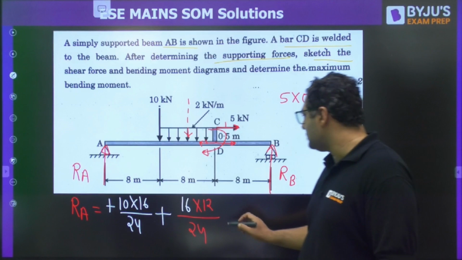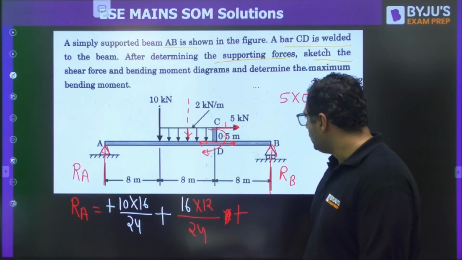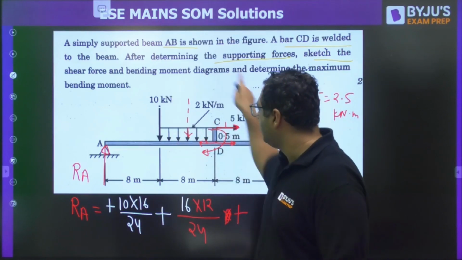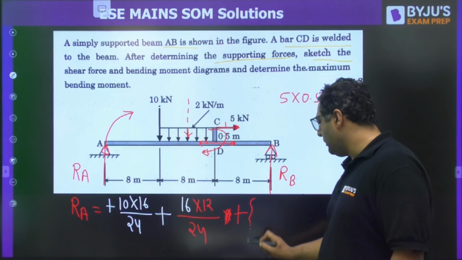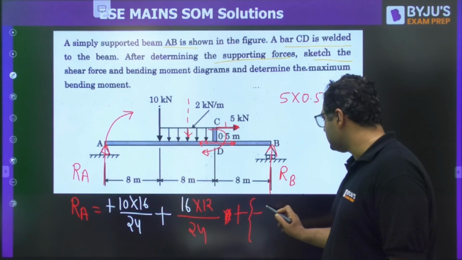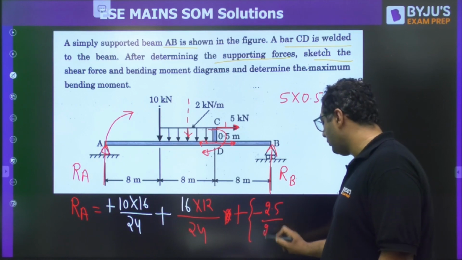You know that this moment and the moment created by RA have the same direction. So it will be minus M by L. Minus 2.5 divided by the total length 24.